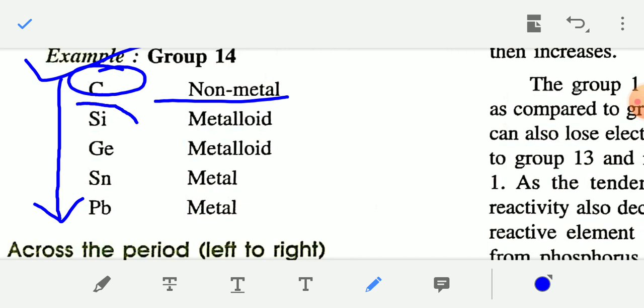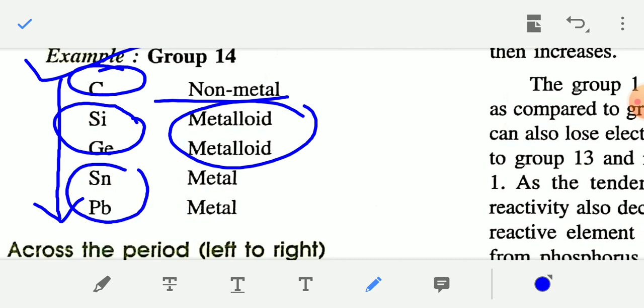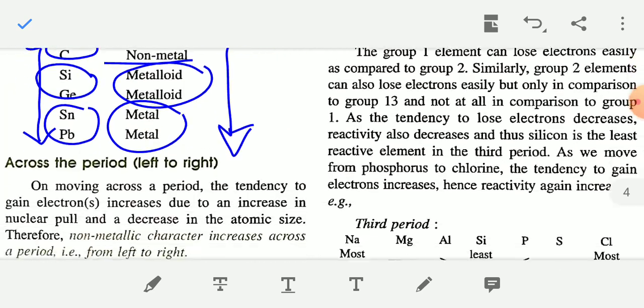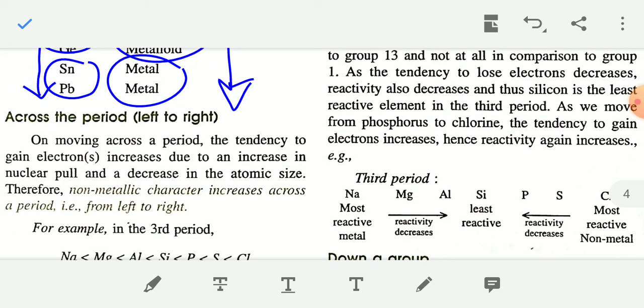Silicon and germanium are metalloids; they have the properties of both metal and non-metal. And tin and lead are metals. So down the group, non-metallic character decreases but metallic character increases. Non-metallic character is just the opposite of metallic character, you have to remember this.